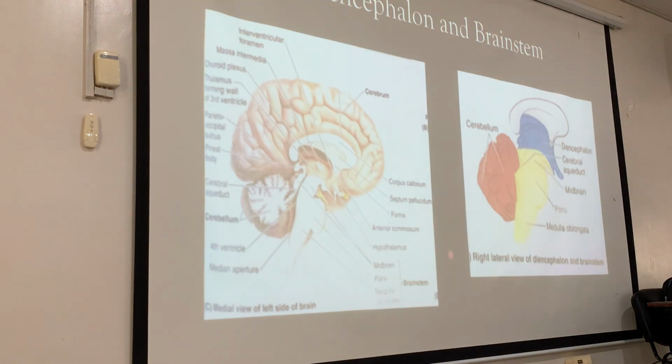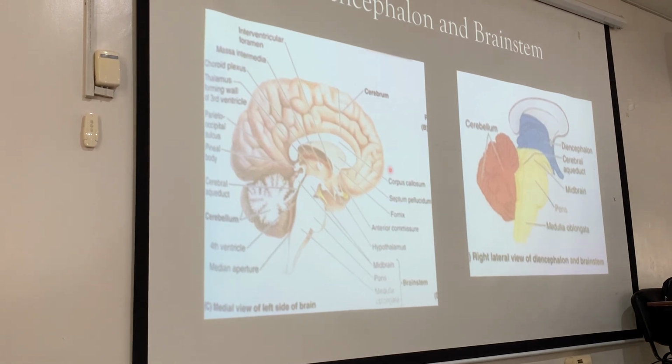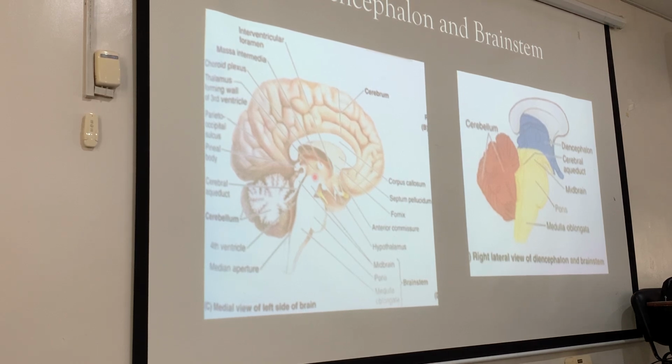Okay, so here we have a view of the left cerebral hemisphere from the side. Again, the patient is facing to your right. The right cerebral hemisphere has been removed, and we are seeing the medial surface of the left cerebral hemisphere. And inside we can see the diencephalon here, the brainstem here, and the cerebellum.